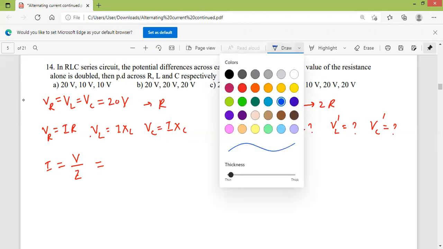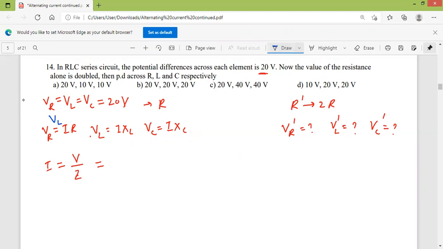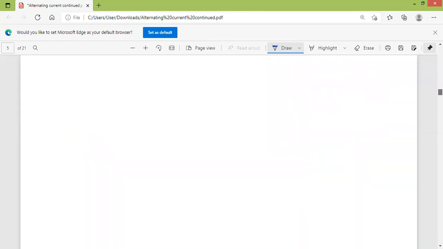VL is equal to VC when the circuit is in resonance. The circuit is in resonance, so this is one of the properties of a resonant circuit.